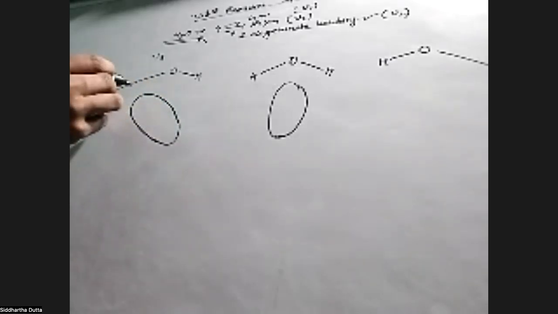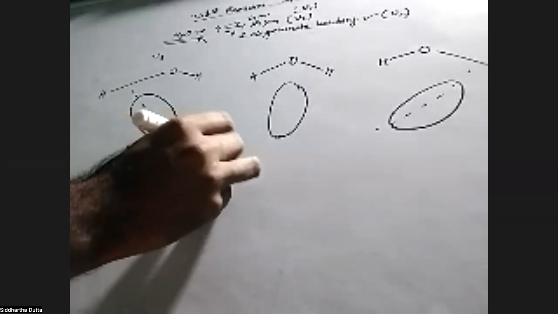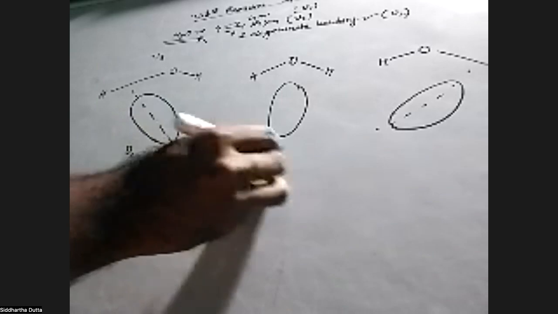That direction will be this direction, and the polarizability ellipsoid will be in this direction. So as we can see, the molecular polarizability of H2O changes for V1, V2, and V3, the three types of vibration. So these three are vibrational Raman active.